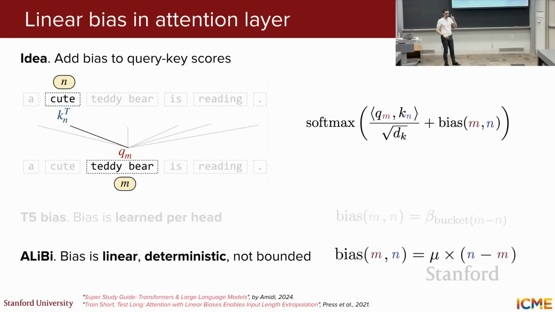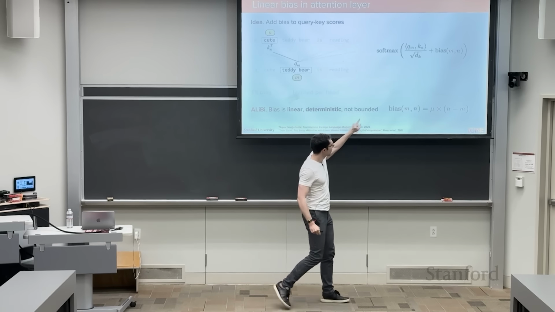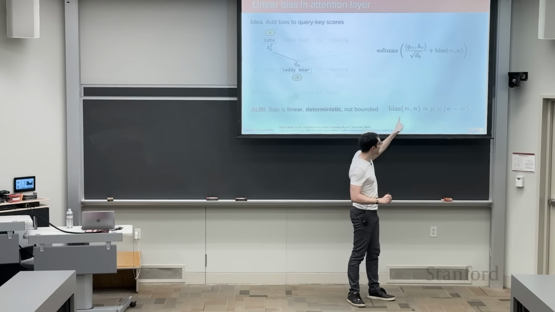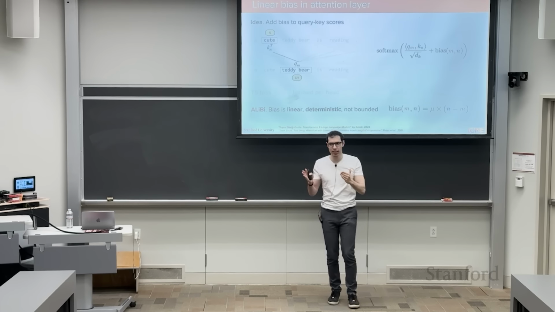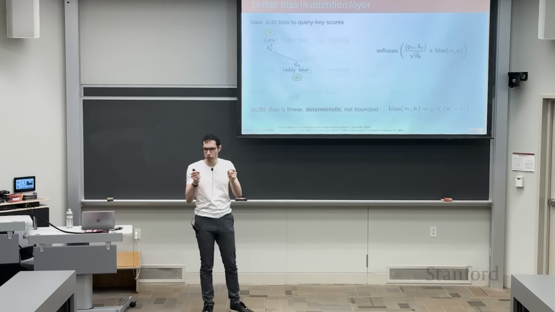We have another method from, I guess, this Train Short, Test Long paper, which introduced this method called ALiBi. ALiBi stands for Attention with Linear Biases, I believe. What they did was say, instead of learning those biases, let's have a deterministic formula, which is a function of the relative difference between those two positions.